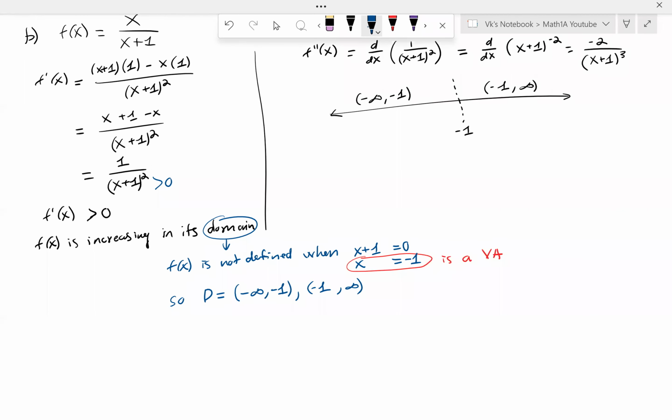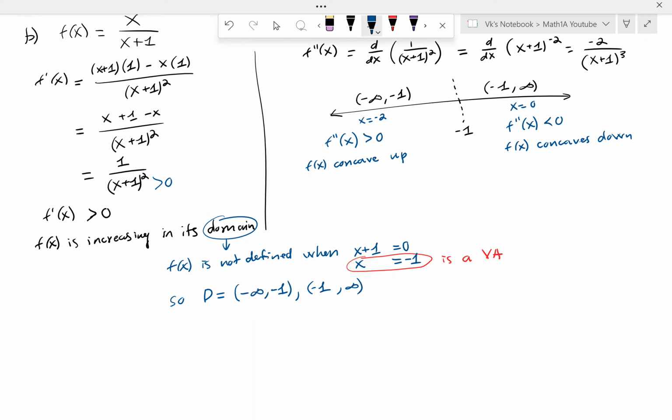Pick a test point. x equal negative 2. f double prime of x: negative over negative is positive, so greater than 0. f(x) is concave up. Put x equal to 0. f double prime of x, if you put 0, it's going to be negative, less than 0. So f(x) is concave down.